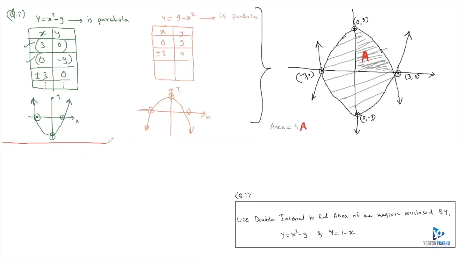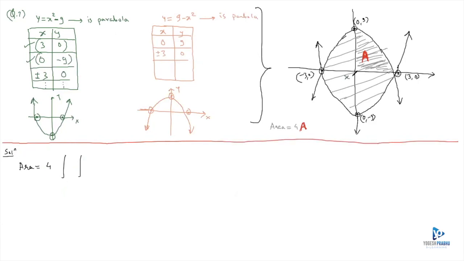Tell me how we solve this now. The area equals 4 times the double integral. Tell me the limits of x.